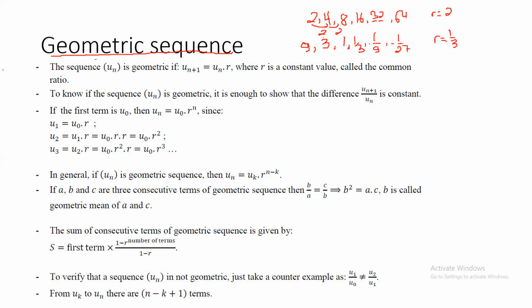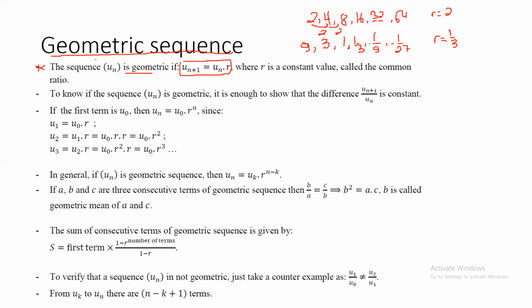So the definition of a geometric sequence. The sequence UN is geometric if each term equals the preceding term multiplied by a constant number R, called the common ratio.